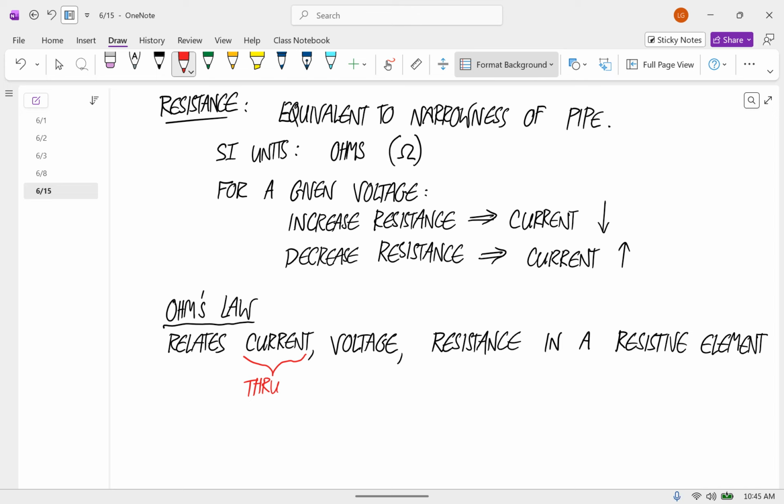So when we talk about the voltage of a device, we're talking about the voltage between one terminal and the other terminal. We will refer to this as the voltage across the device. And for a resistive element, we'll talk about the resistance of the element.